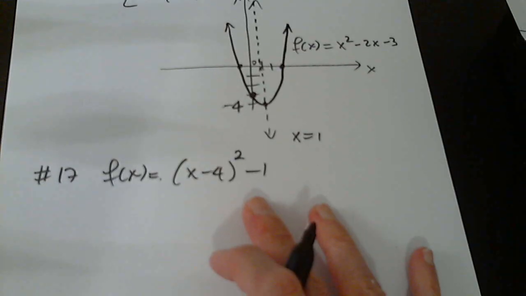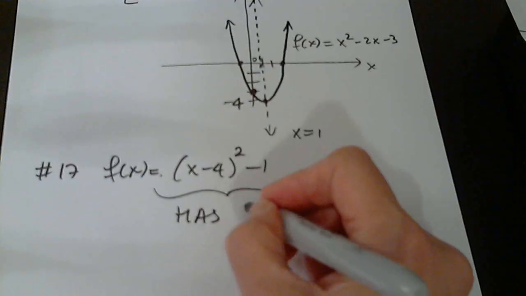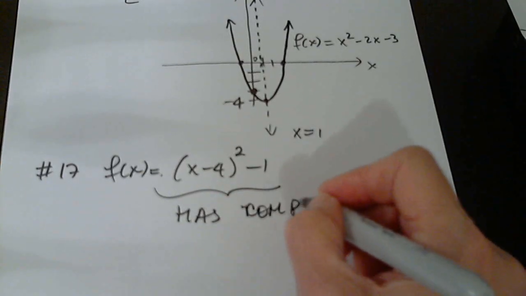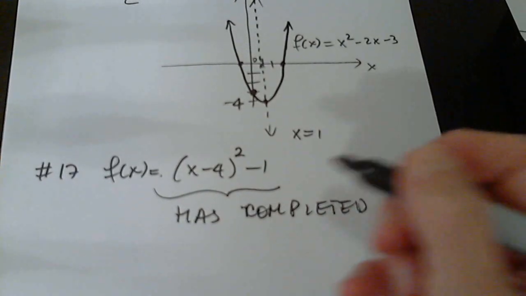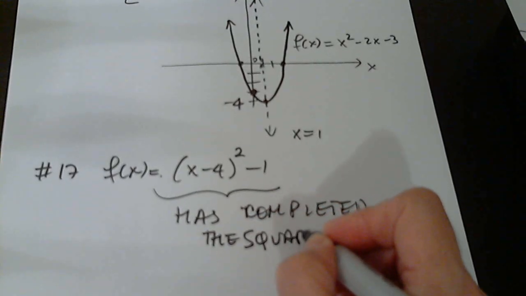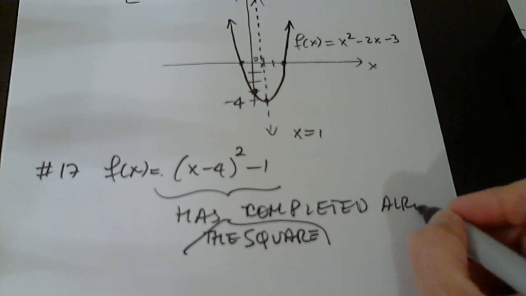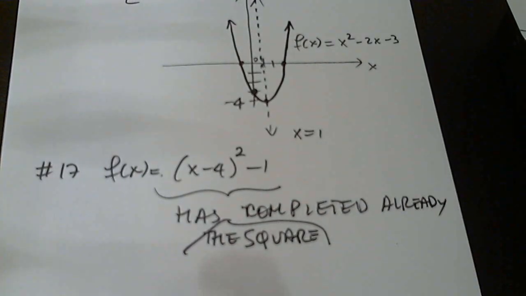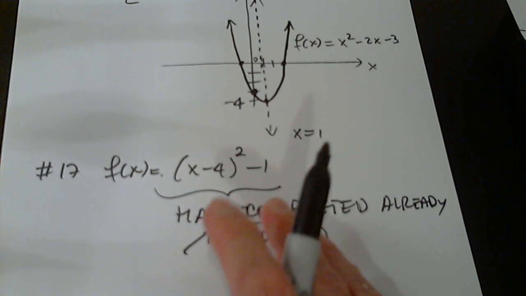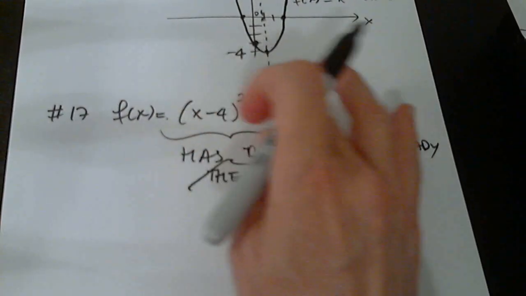The only thing is that this function has the square completed already. I'm not going to expand it. What is the beauty of this?